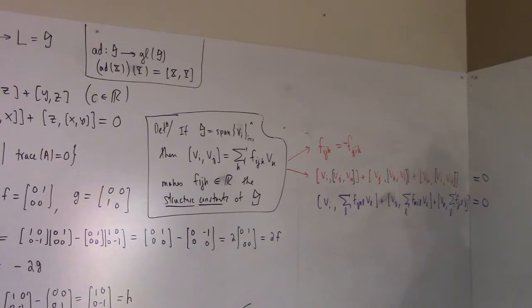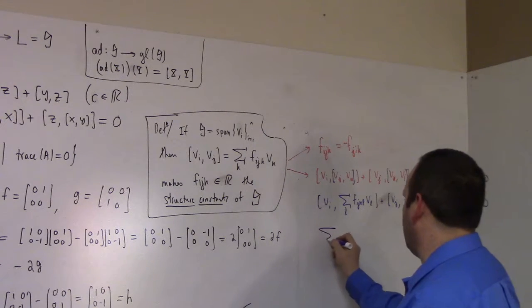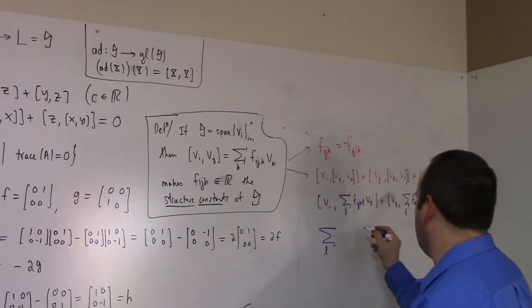Of course, these are supposed to be equal to 0. And so then you can pull out the sum over L. I used that on purpose.